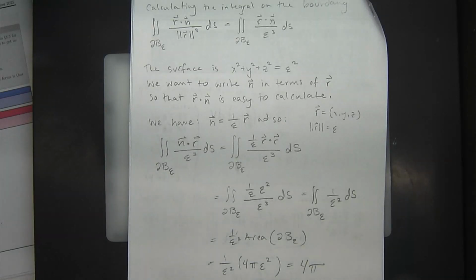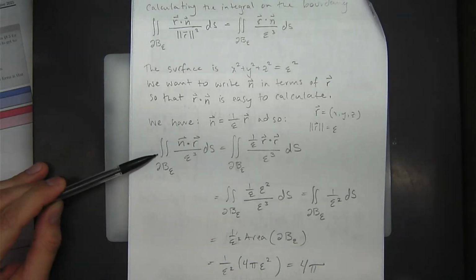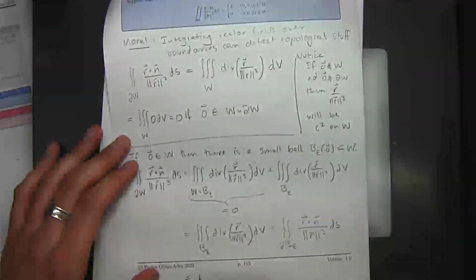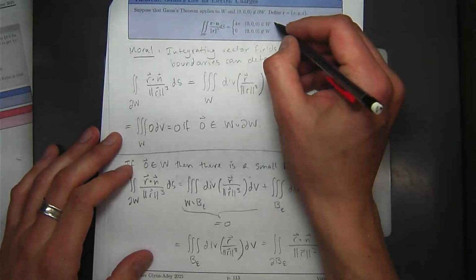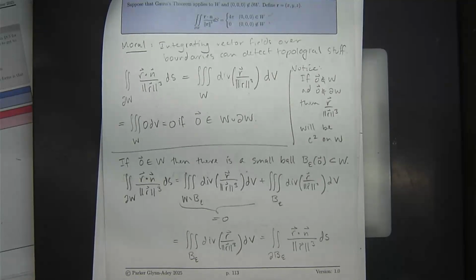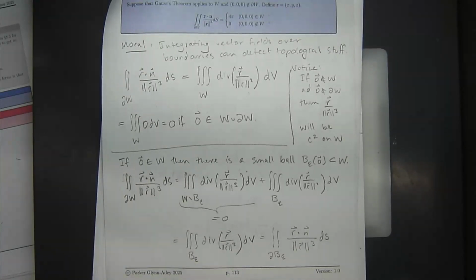So the integral is all the contribution of the region around that small ball, and the integral over that small ball winds up being 4 pi. So we can use vector fields to measure, okay, is the origin inside this object? Is it not inside this object? Cool. Okay. Things people want to check on, ask about, things people are curious about?